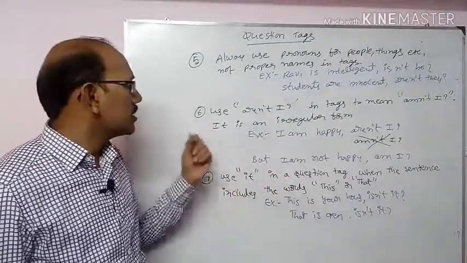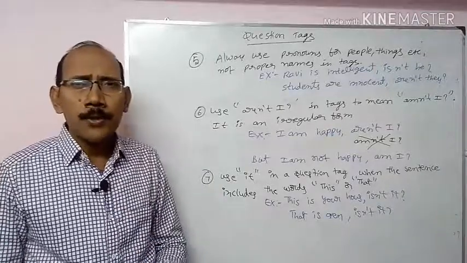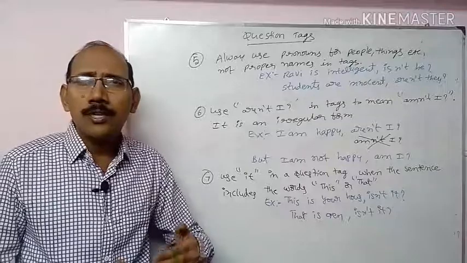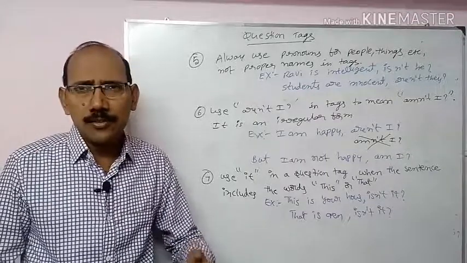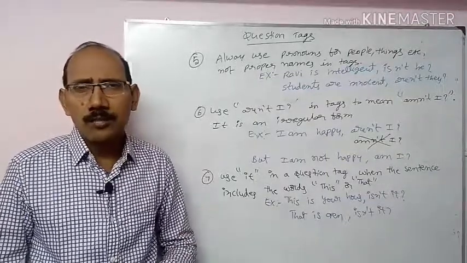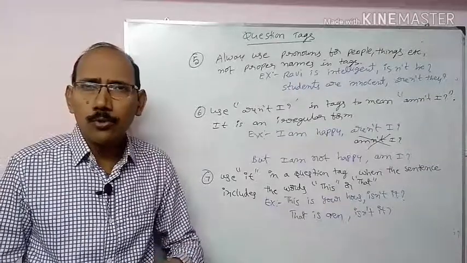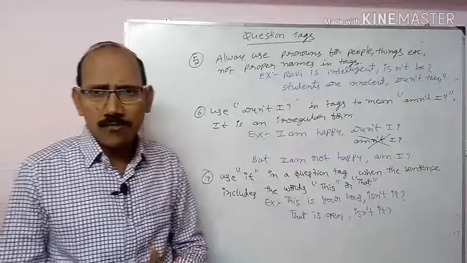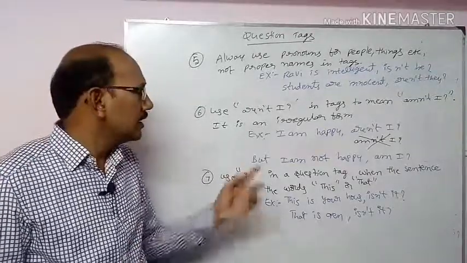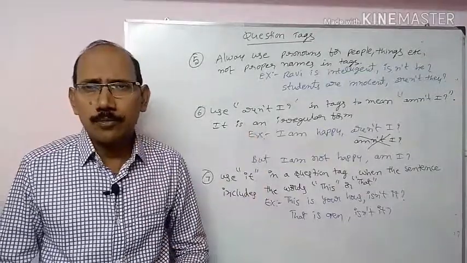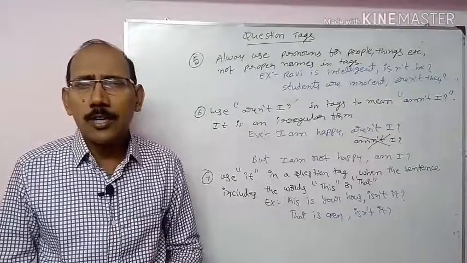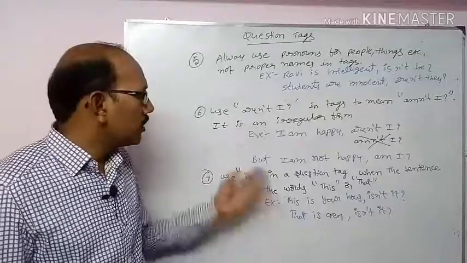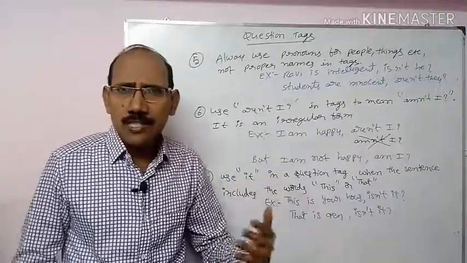Okay, look at this next sixth point. Use aren't I. If you want to add amn't I to a particular statement, we have to use only aren't I at that particular moment. So this is an exception. In fact, it is an exceptional one and it is an irregular form. So we have to remember this particular point, and we need to practice 4 or 5 examples. Look at one example. I am happy. It is a positive statement.